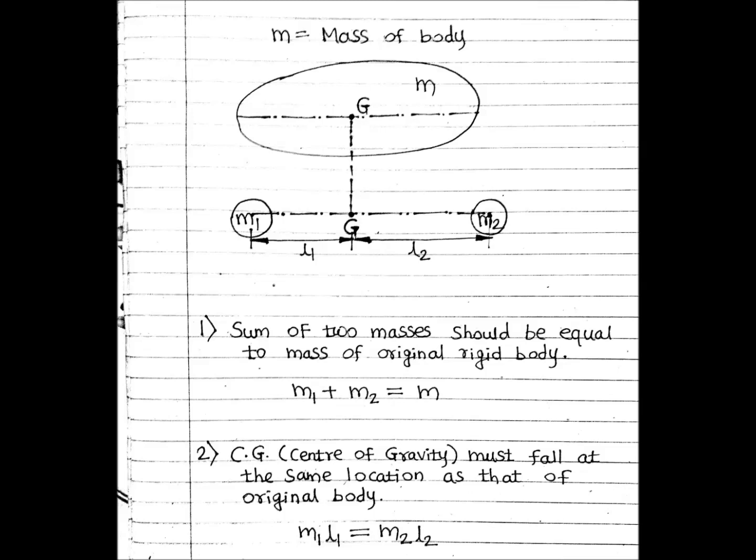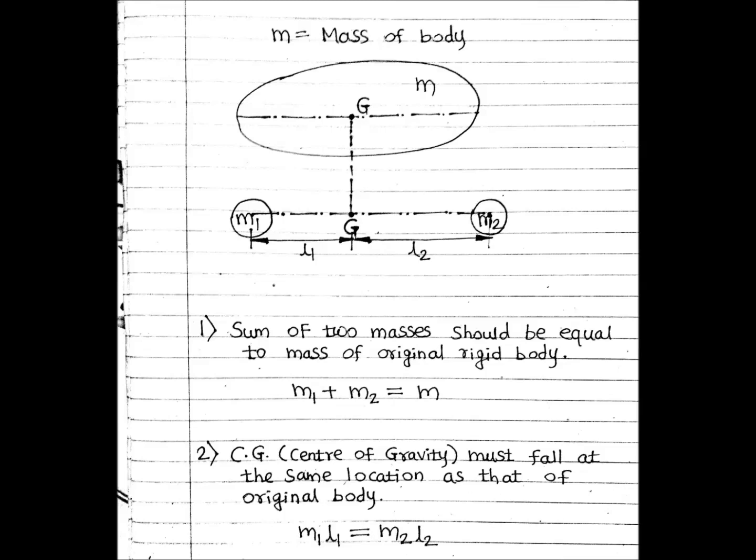Let us say for the original rigid body, the radius of gyration is k, and as its mass is m, its mass moment of inertia will be mk square. For the two mass system, we know mass m1 is located at distance l1 from CG and mass m2 is at distance l2 from CG.